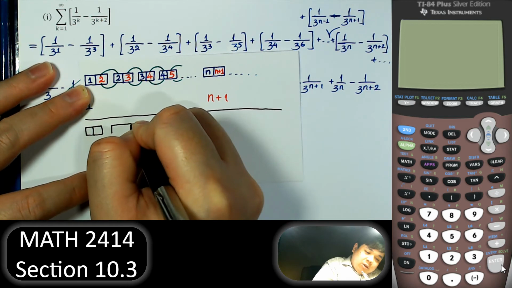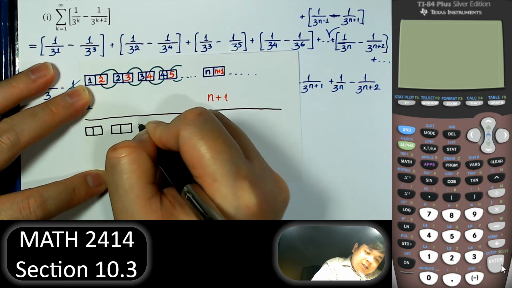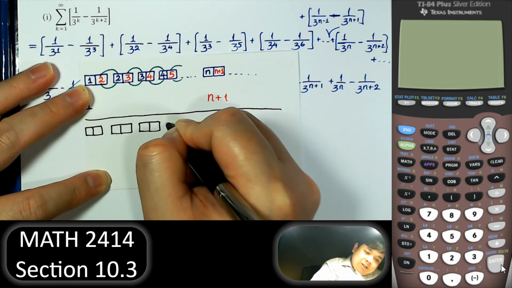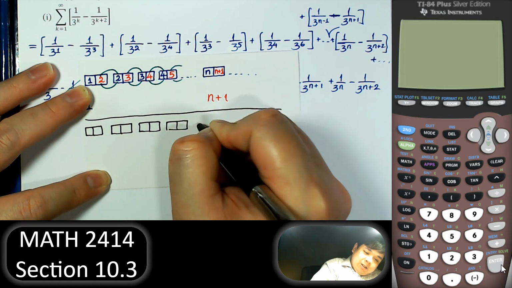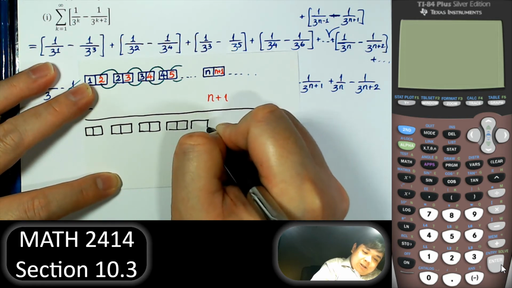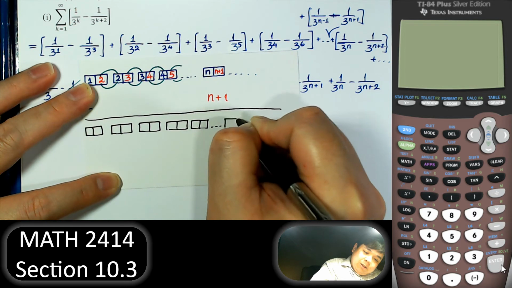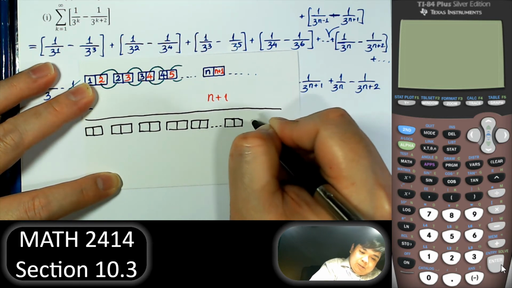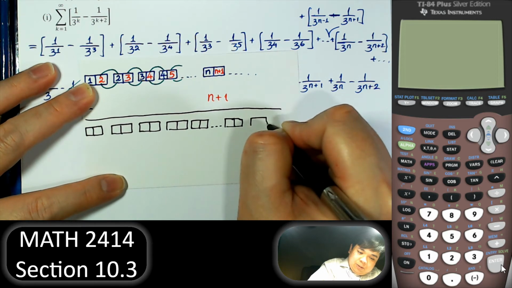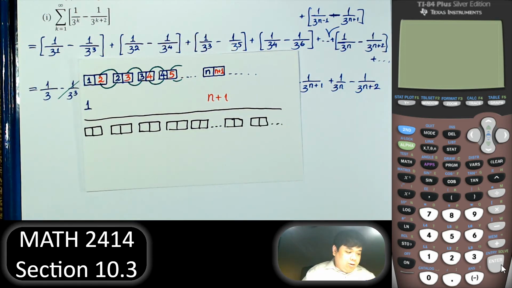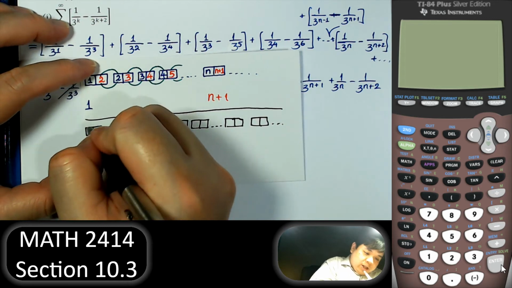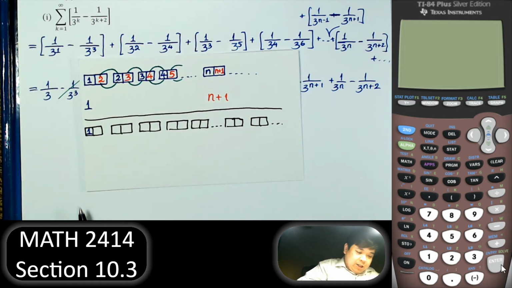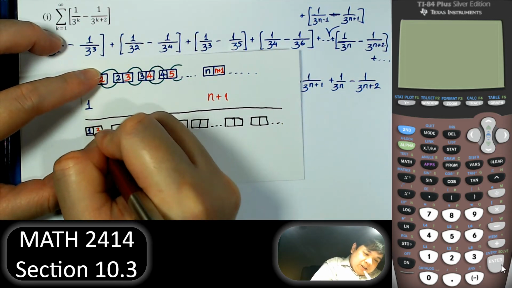Sorry, I just want to write a bunch of dominoes. So like I said, one of them is positive, the other one is negative.